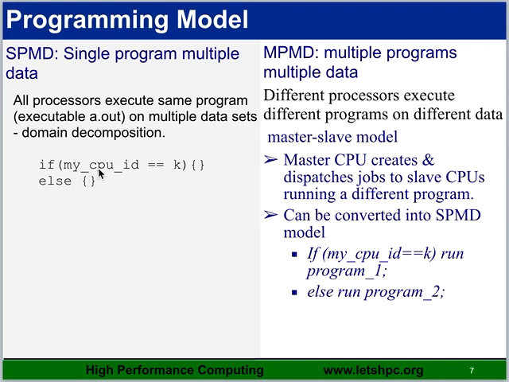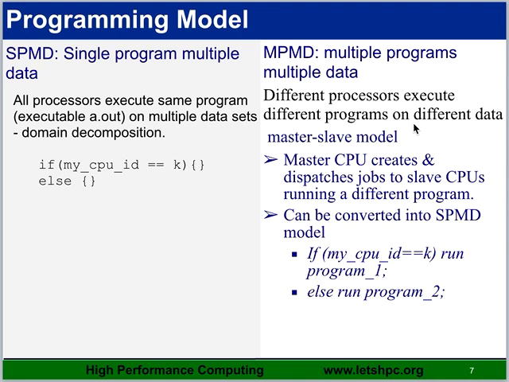Suppose you have an ID that is K. If you put some if else statements such that if the ID is this, then this particular process is going to work on that particular data set. If the ID is K plus 1, then that particular process is going to work on a different data set. But when you look into the multiple program, multiple data programming model, different processors execute different programs on different data.